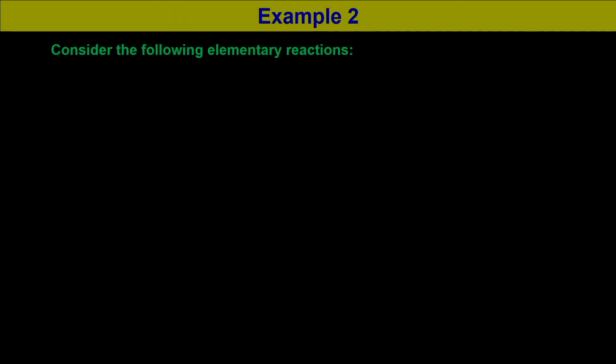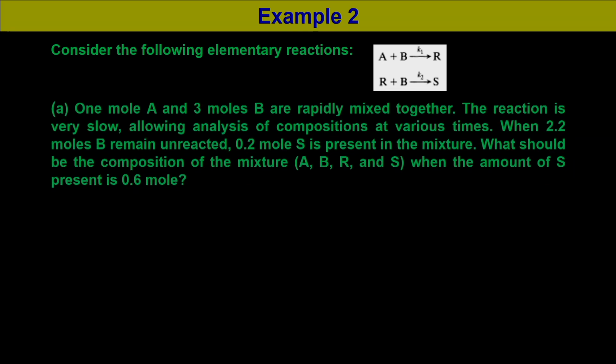Let us take an example. Consider the following elementary reactions, that is A plus B to R and R plus B to S, with the example which we have considered. 1 mole of A and 3 moles of B are rapidly mixed together.